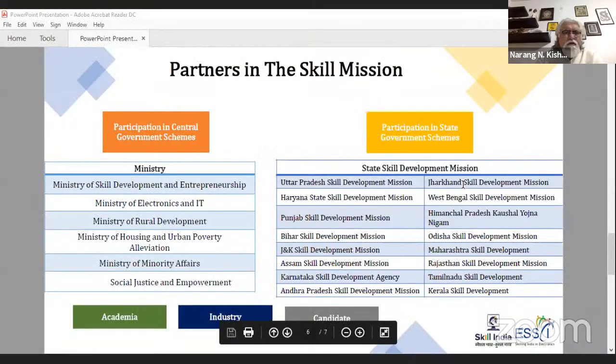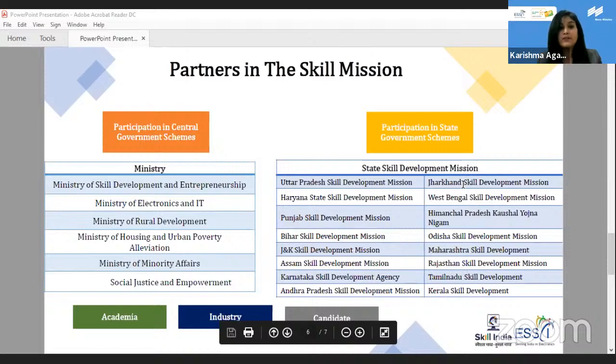Yeah, so I was going through this slide only. Basically, we work in partnership with government schemes, with the central and the state governments as well. We are closely working with academia, industry, and the candidate, because upskilling is required and the candidate can upgrade their skills and knowledge, so they can also become a partner of the Skill India mission.